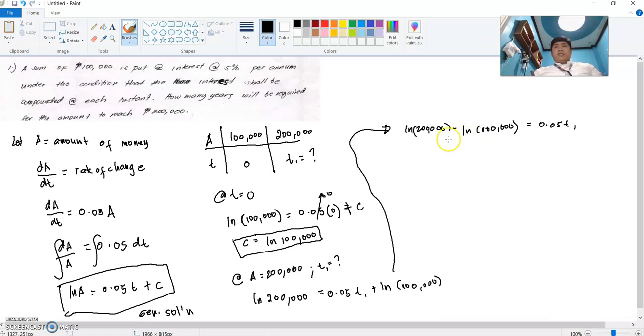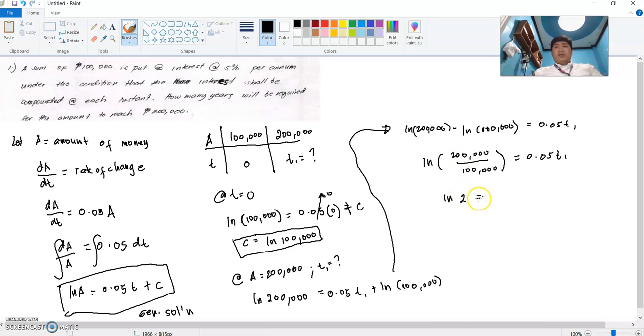Since this is logarithmic and subtracted, it becomes ln of 200,000 divided by 100,000 equals 0.05 t sub 1. 200,000 divided by 100,000 is 2, right?